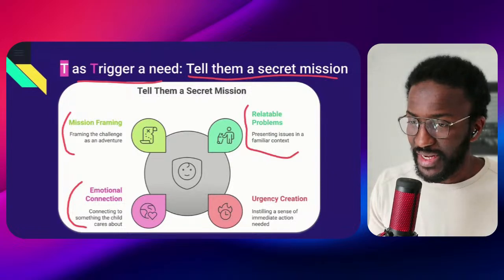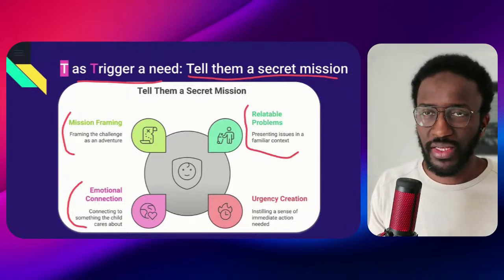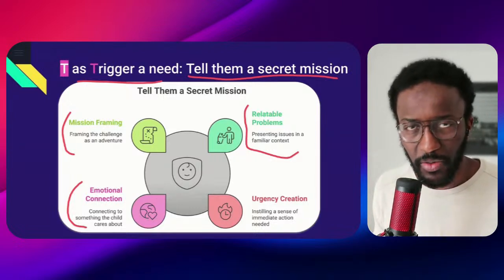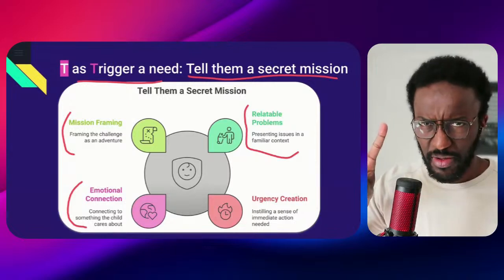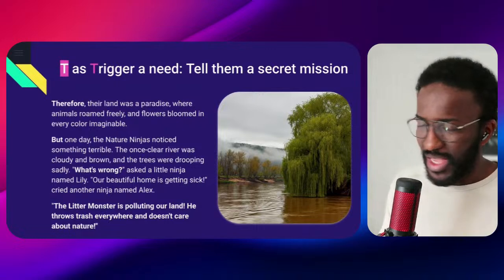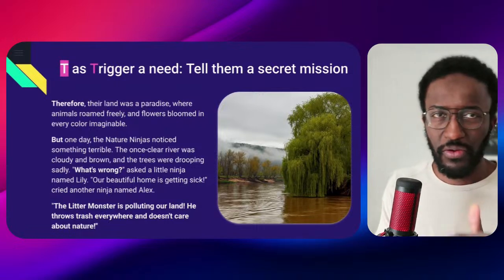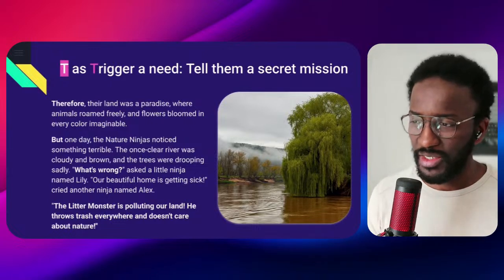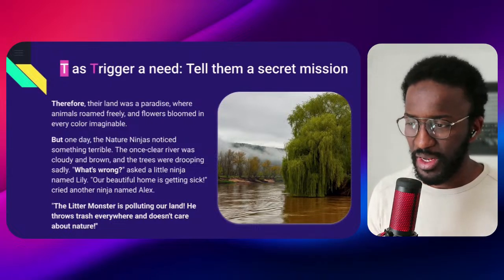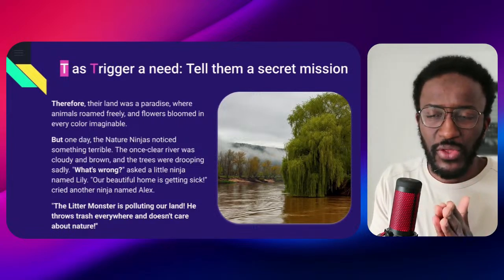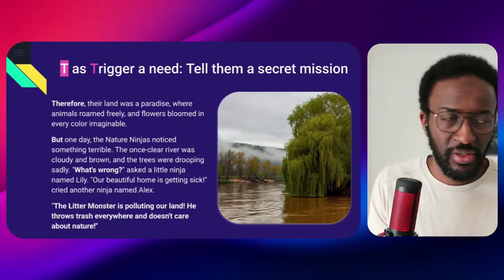Okay, then after, how can I translate this in my story with the little ninjas who have superpowers, and their superpower is to protect nature? So I'm using the structure. They live in a very beautiful land. I will not read everything that is written here, but basically, one day they notice that there is a change in the nature where they are living.